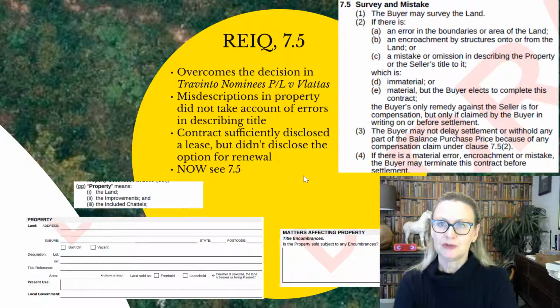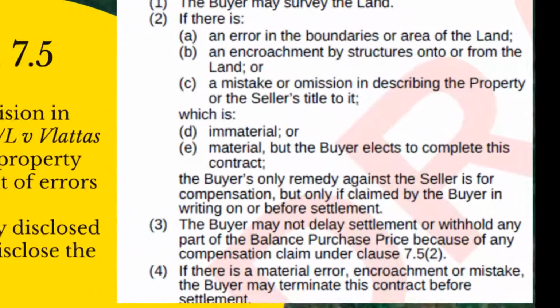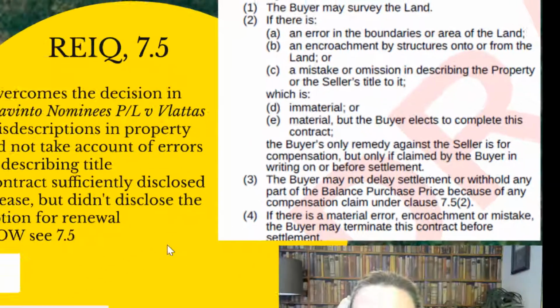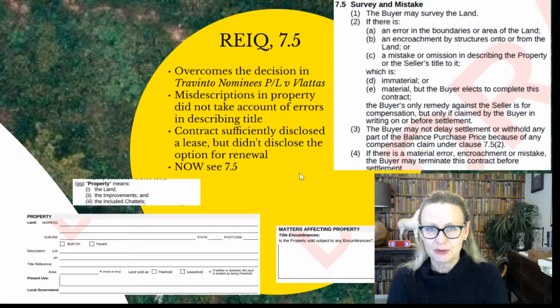I did note for you then the significance, if you have a look at 7.5 sub 2 sub C, if there is a mistake or omission in describing either the property or the seller's title to it, which is immaterial or material, and they go ahead and complete, then your remedy is compensation. Otherwise, sub 4, if there's a material error, material misdescription, then termination is a possibility. We'll talk about material misdescription in just a moment.